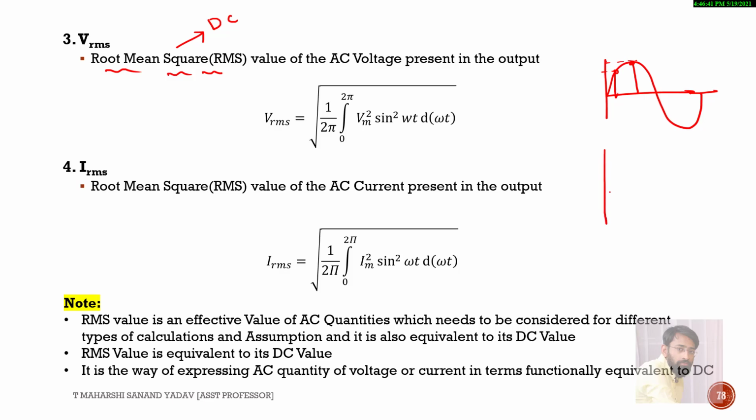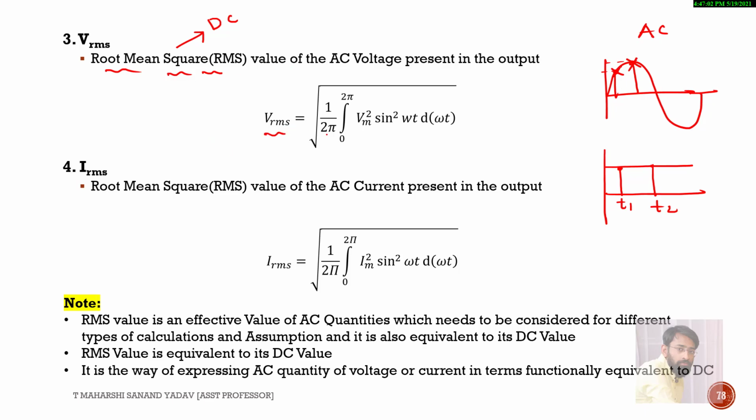Whereas a DC is generally constant like this. If I take the value at time T1 and at another time T2, both values will be the same. But in case of AC, these two values will be different. At this point I'll get one value, and at this point I'll get a different value. This is the reason we go for RMS, which is root mean square value.